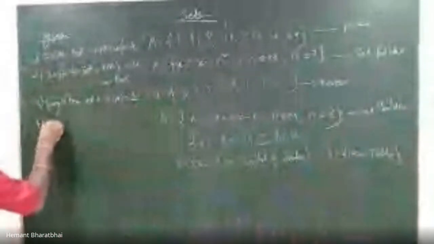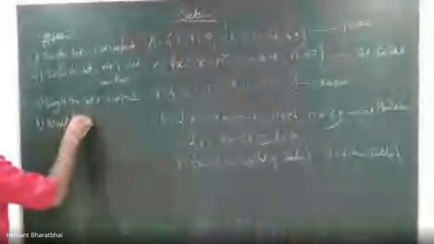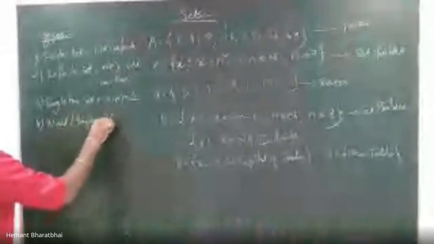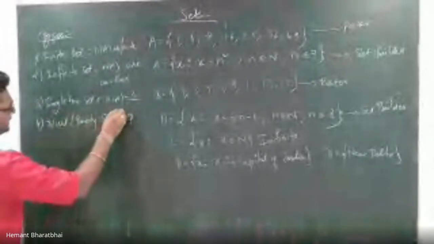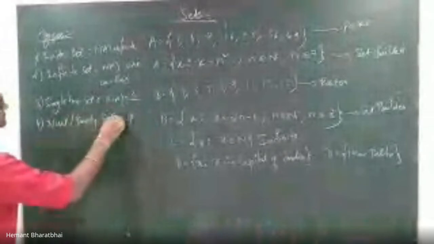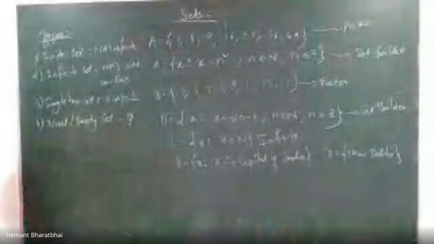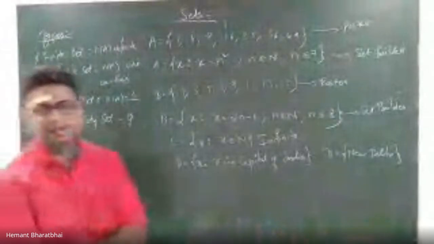Next is the null or empty set. This is always shown by the symbol phi. The null set is shown by the Greek letter phi. Now what is the null set? It does not contain any element.